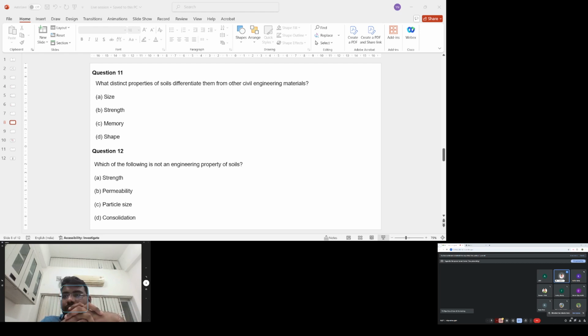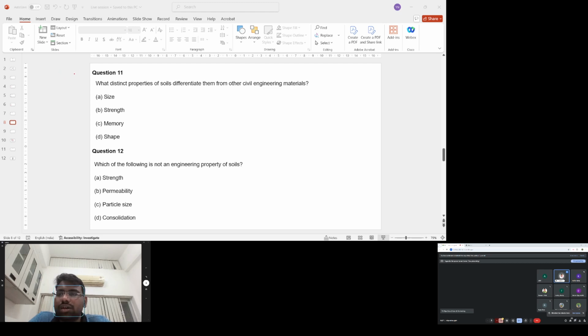Memory, sir. Yes, it's memory. Coming to the first option, size: any civil engineering material you define by size and strength.